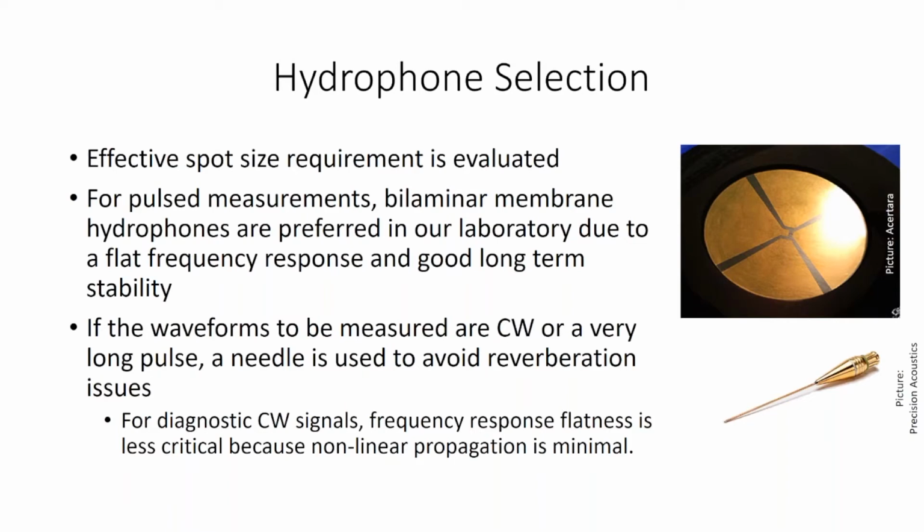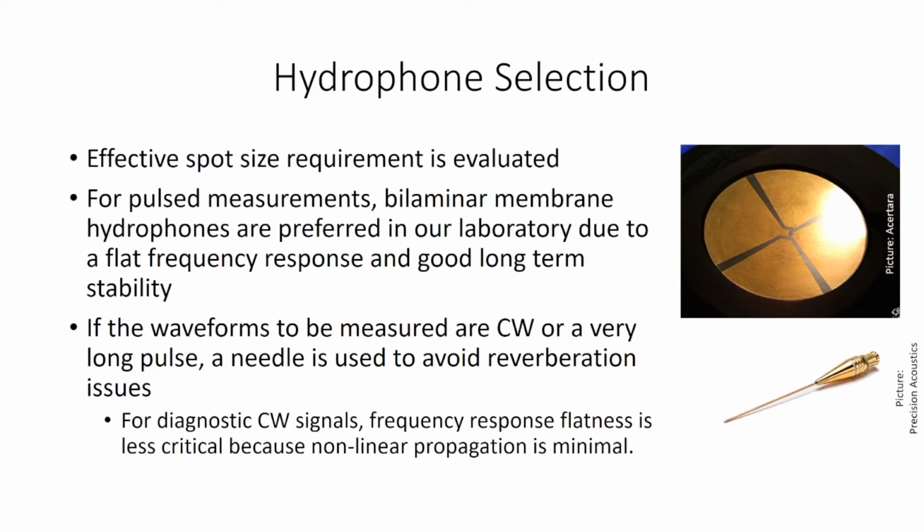Now, of course, if the waveforms to be measured are very long pulses or CW, you can see looking at the bilaminar hydrophone that reflections and reverberation, providing interference patterns and creating inaccurate measurement results, can certainly be a significant issue. In this case, we always choose a needle hydrophone.